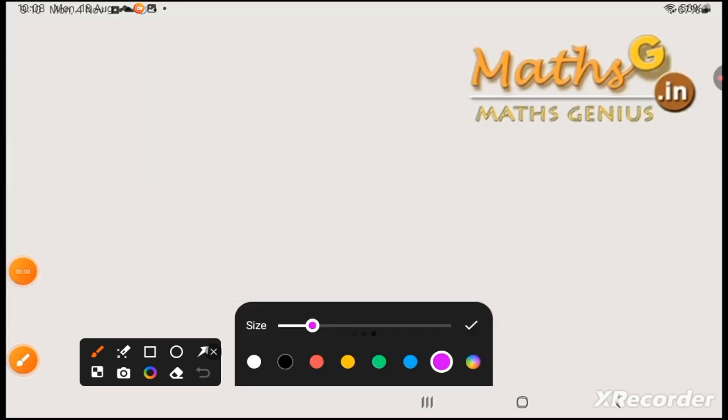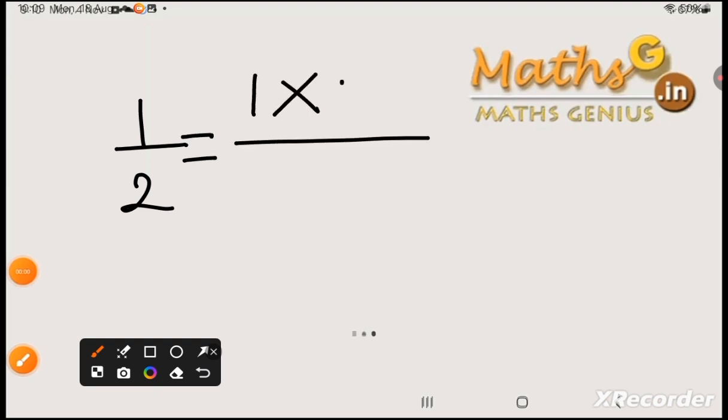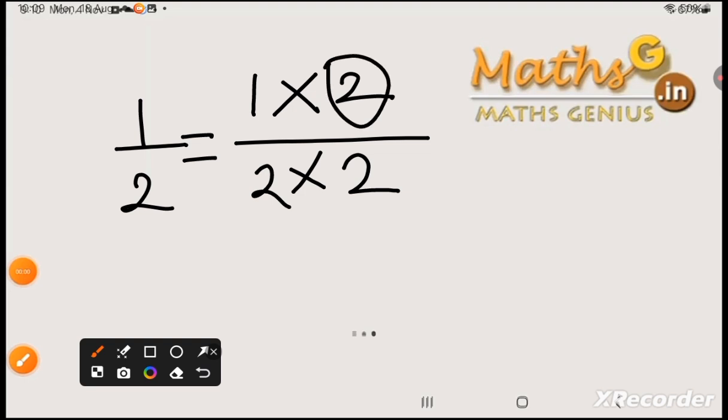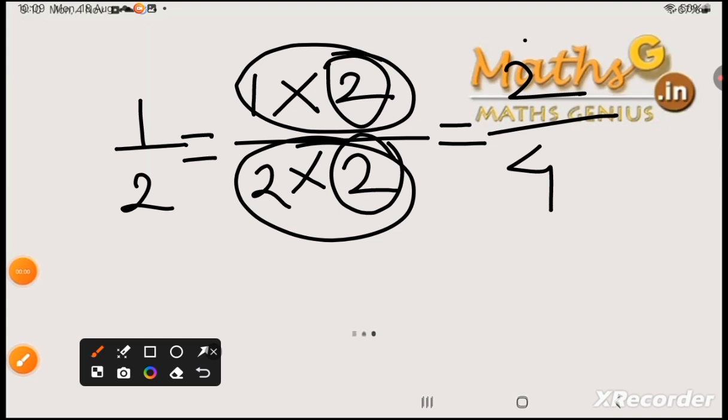Now suppose we have a fraction 1 by 2. If we multiply the numerator 1 with some number, let us say 2, and we multiply the denominator 2 with the same number 2, then 1 into 2 is 2, 2 into 2 is 4.